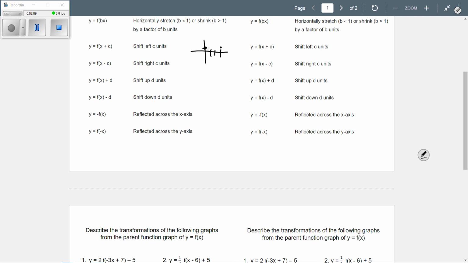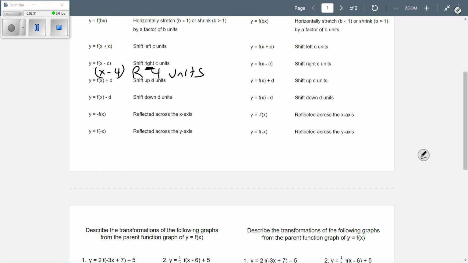That's it. So left 3 units. All right, we keep going. y equals f of x minus c. Again, it tells a lie, so we're going to shift right c units. So if this was x minus 4, we would go to the right 4 units.